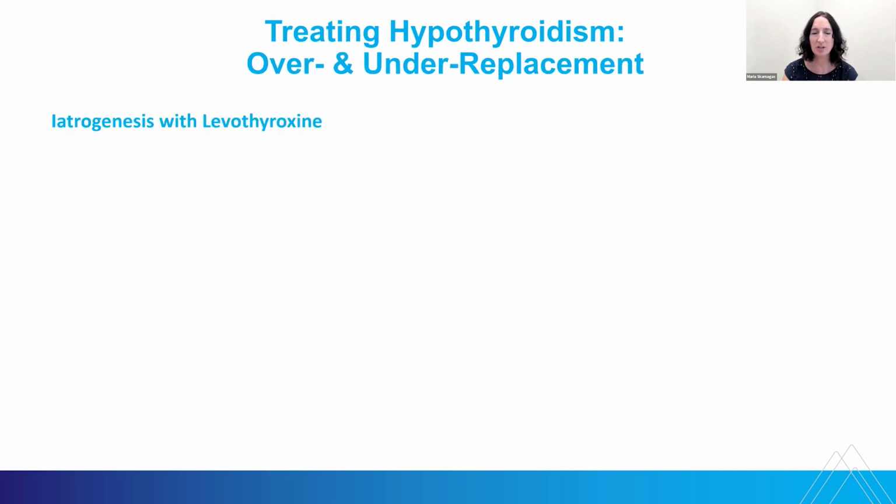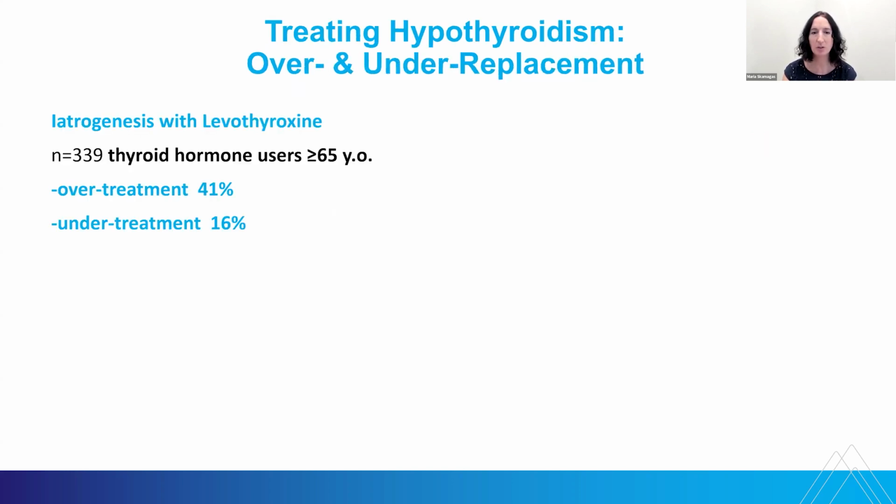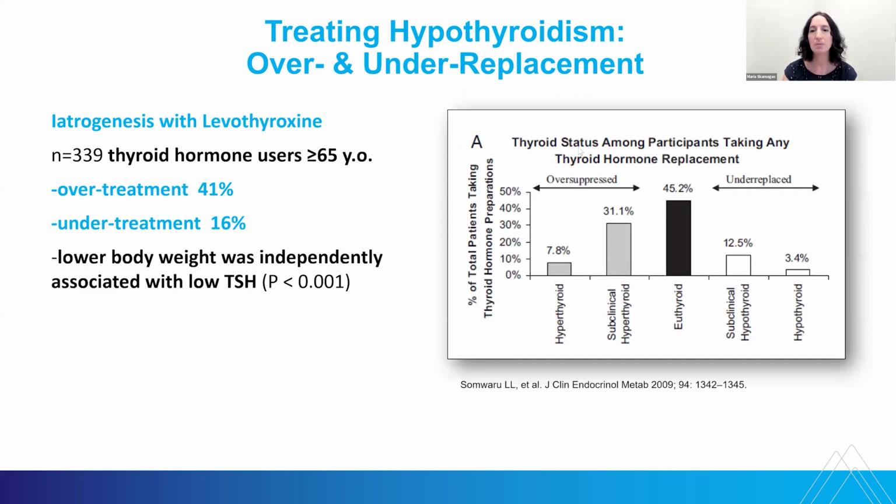And so iatrogenesis with levothyroxine is actually quite common in people over the age of 65. So this study took a look at individuals who were using thyroid hormone, and about 41% actually had low TSH and 16% had high TSH. So low TSH means that they're probably on too much, and high TSH means they're not on enough.